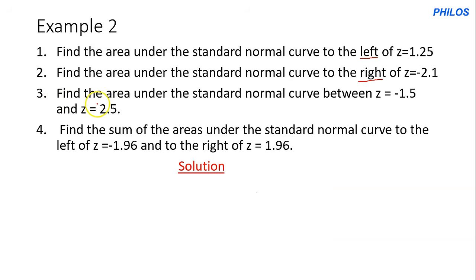Question 3 says, find the area under the standard normal curve between z equal to negative 1.5 and z equal to 2.5. Remember, 2.5 is the same as 2.50 in 2 decimal places. Negative 1.5 is negative 1.50 in 2 decimal places. Okay, so to do this, we sketch the curve also.